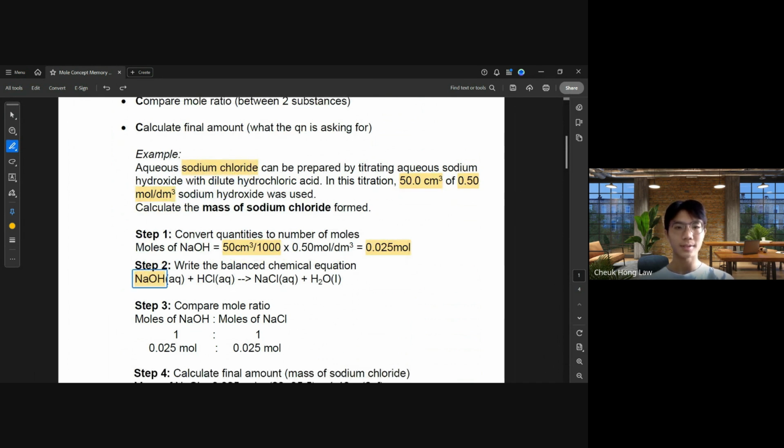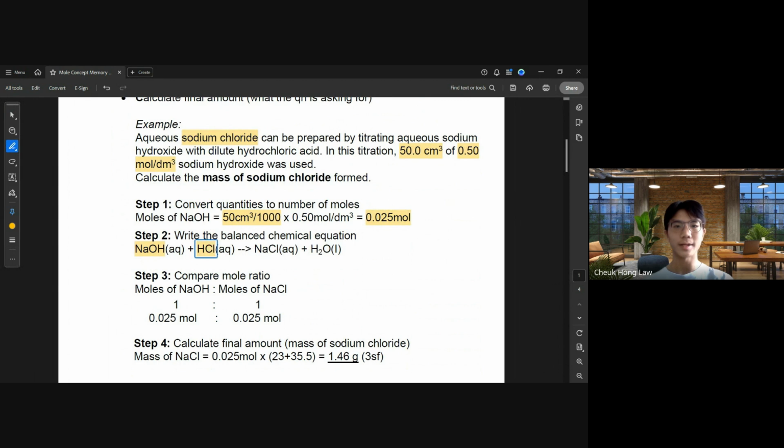This is actually your neutralization reaction, so acid plus base, and you should know that acid plus base gives you salt and water. The salt in this case is sodium chloride, and water.